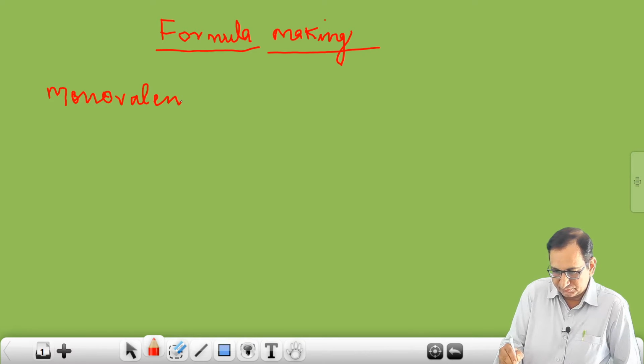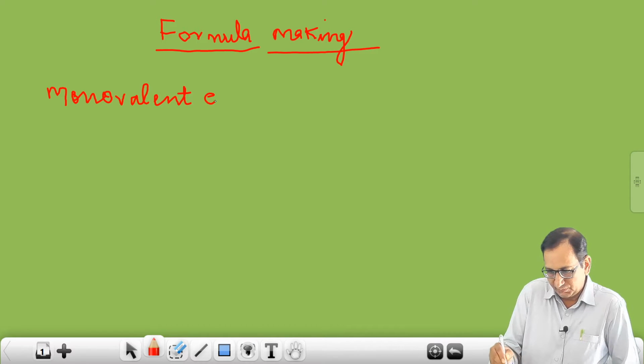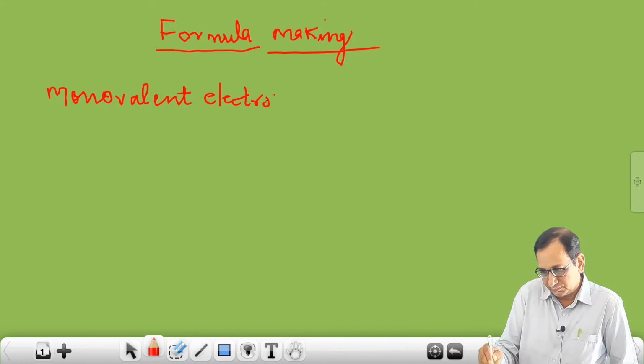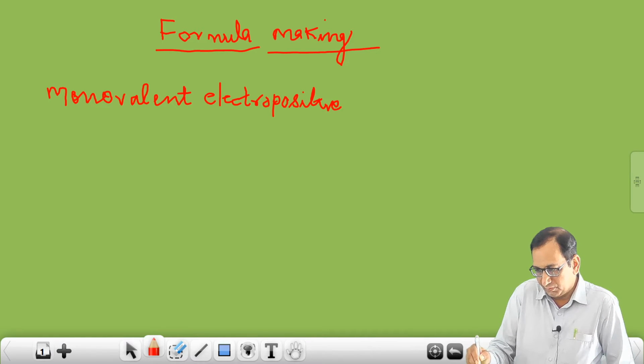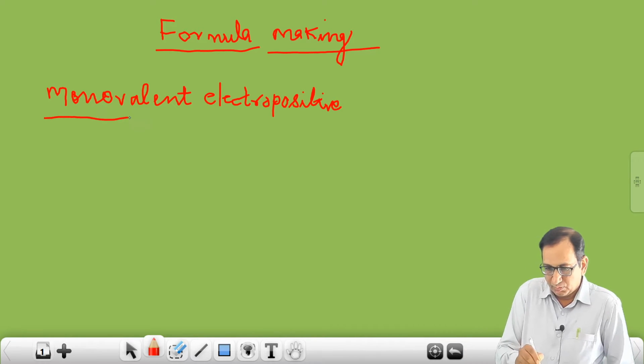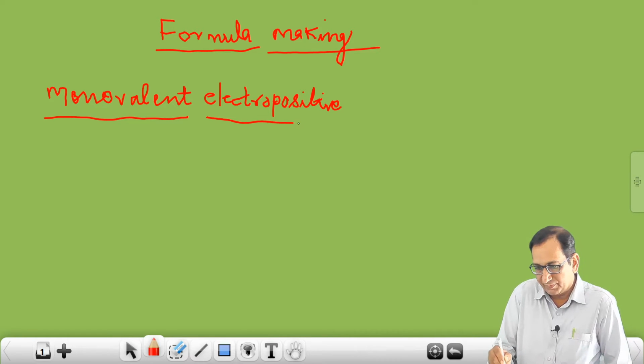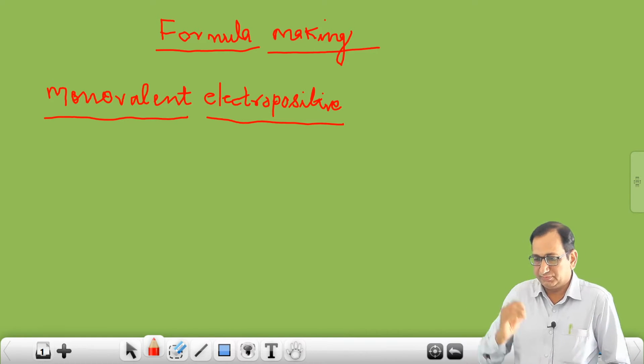You can write in your notebook: monovalent electropositive.